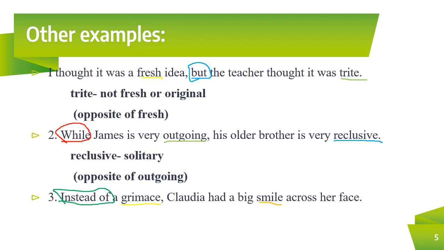So, smile and grimace are opposite to each other. So, we can say that grimace means frown, nakasimangot. Instead of smiling, sumimangot. Or instead of frowning, nag-smile siya. Instead of pouting, nag-smile siya. So, those are the examples of antonym or contrast clue.